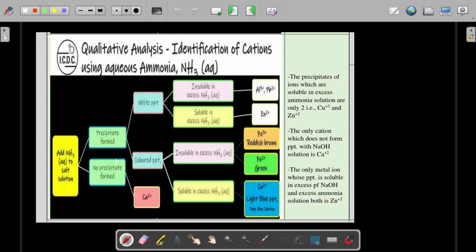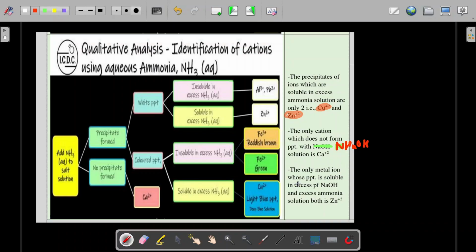Okay, this is the second case where I have given the flow chart for the ammonia with the salts. Here again, in excess only copper and zinc, their precipitates are soluble. The cation which does not form precipitate with, actually it should be corrected as NH4OH, sorry, NH4OH here, that is calcium.